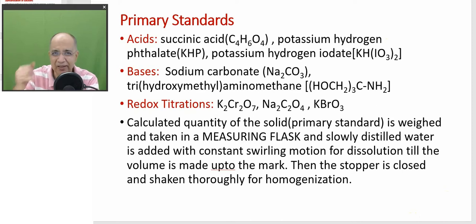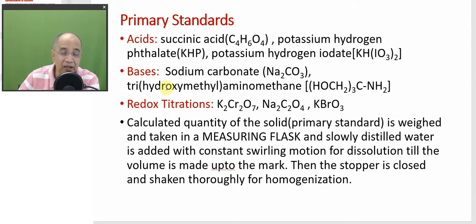Don't bother about its structure. It's an organic compound. So we are not interested now in writing the structure of organic compounds. And potassium hydrogen iodate. So these are three common primary standards as acids.